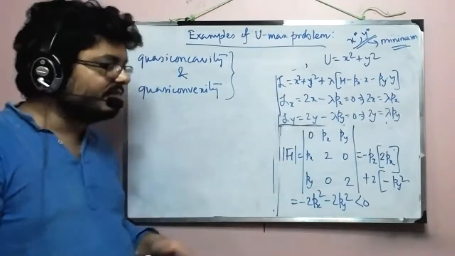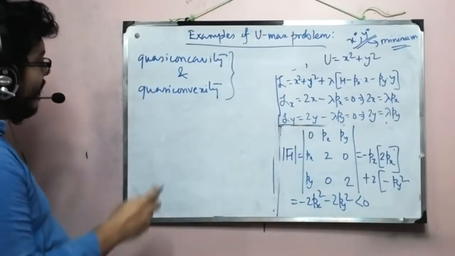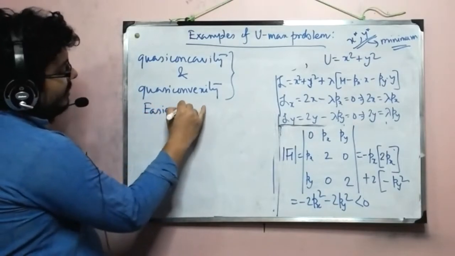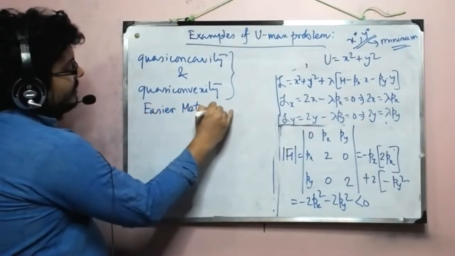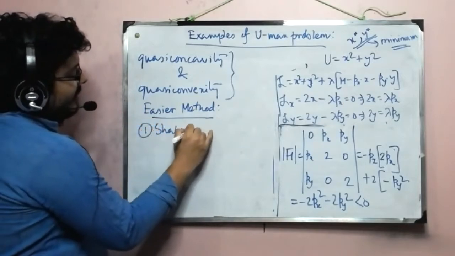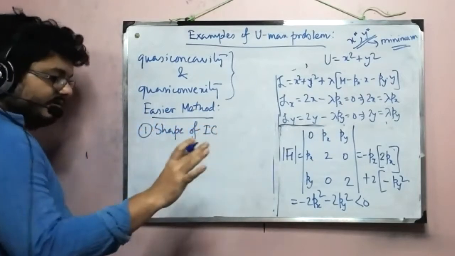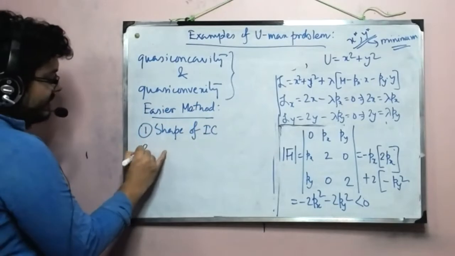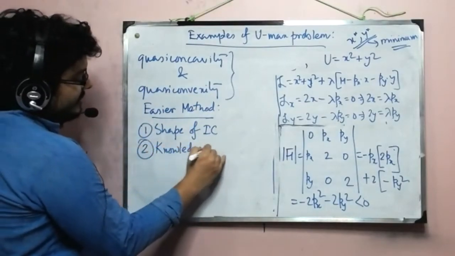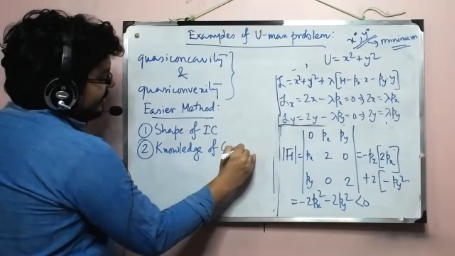But there is an easier method, much easier method, which relies on two things. Number one is obviously shape of IC, shape of IC corresponding to a utility function. And number two is knowledge of geometry. So a little bit of knowledge of geometry is required. Okay, simple little bit of knowledge.